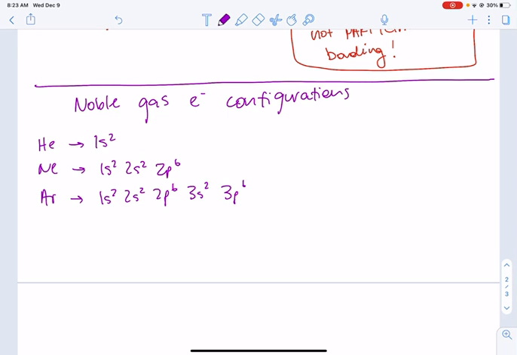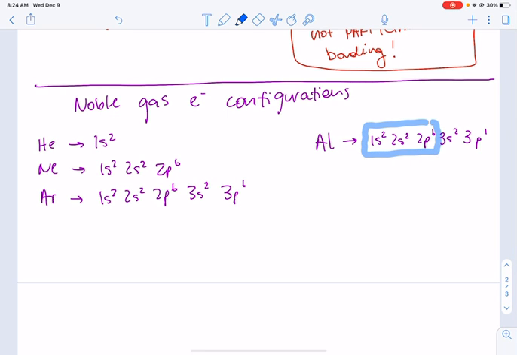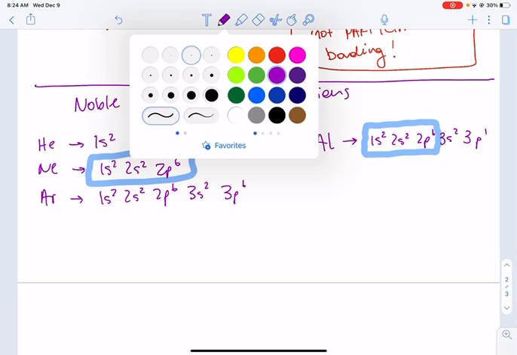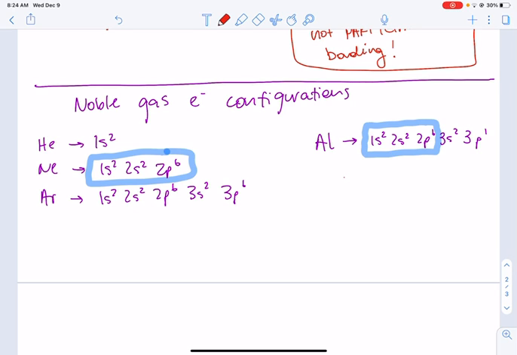So basically what you can do here is that, say for example, we're doing the electron configuration for aluminum. So it would normally be 1s2, 2s2, 2p6, 3s2, 3p1, right? And that's not that hard to write out. But what do you notice? Notice that we have the 1s2, 2s2, 2p6 here, which exactly matches that for neon. So I can rewrite the electron configuration for aluminum as this.